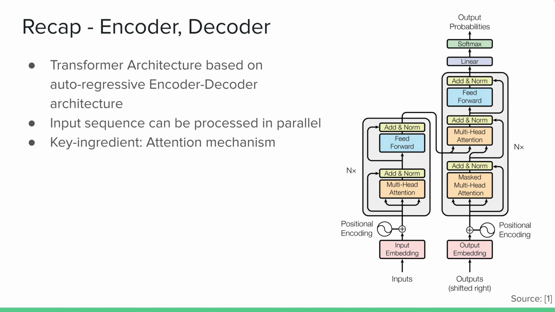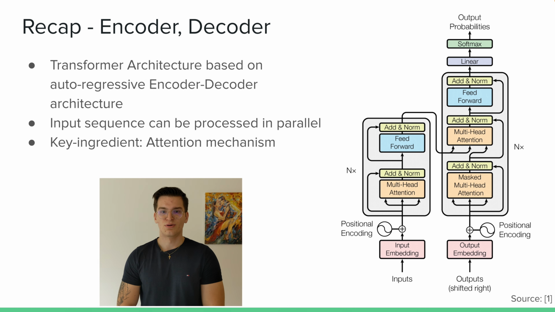Let's briefly revisit the core architecture behind the many large language models, which is the transformer model, specifically its encoder-decoder framework. Transformers are built on an autoregressive encoder-decoder architecture, where the model learns from previous words to predict the next one.